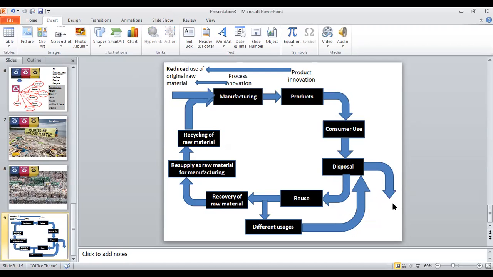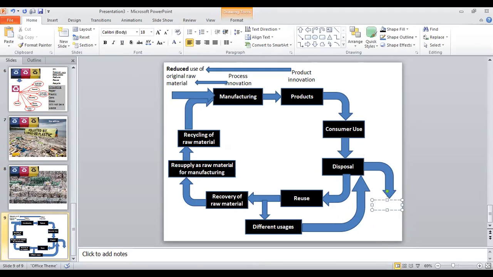There should be innovations to make sure that even ultimate, even any disposal should be used for a purpose.